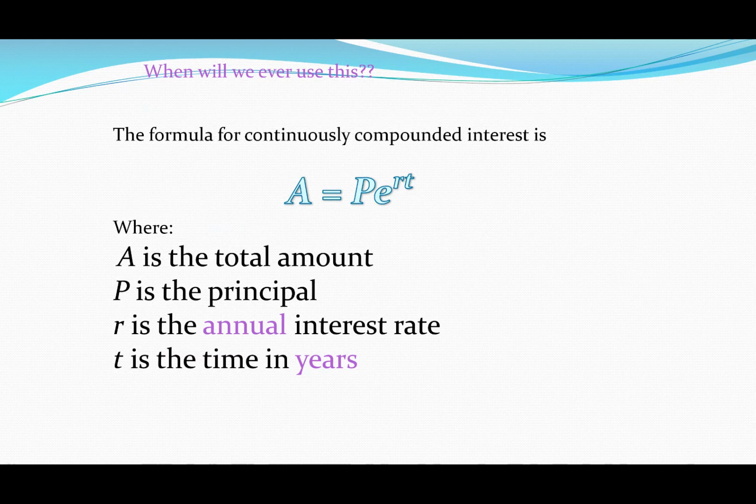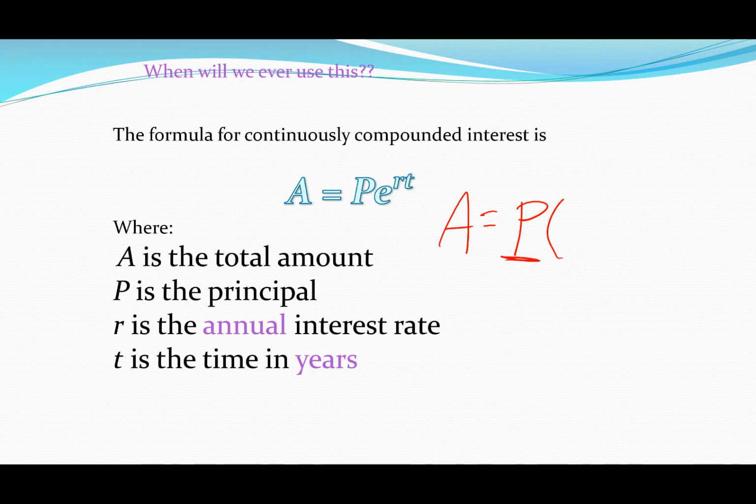All right. Now, let's talk about this formula. So this formula is related to compound interest. Now, you may or may not have talked about the compound interest formula in the past. The regular compound interest formula is this. You have A, which is your final amount, equals P, which is your starting amount.